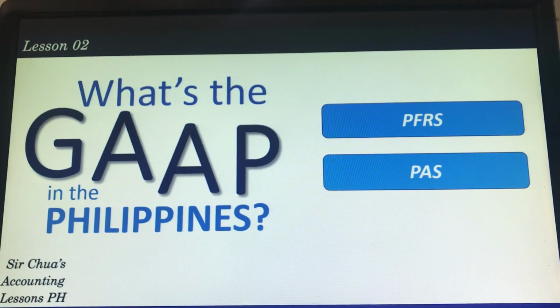And hindi lang siya nakalimit sa differences na nakasulat. Minsan cultural differences. May mga countries na may required na ganito, tapos sa Pilipinas hindi. So yun. So there are calls for the harmonization of accounting standards.